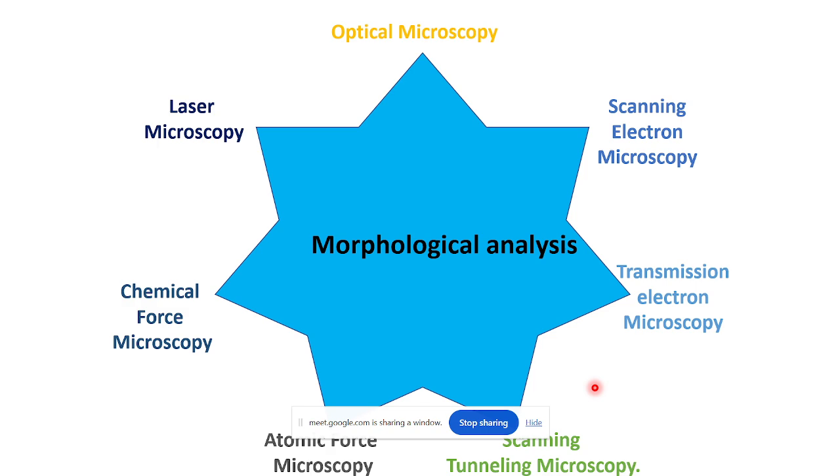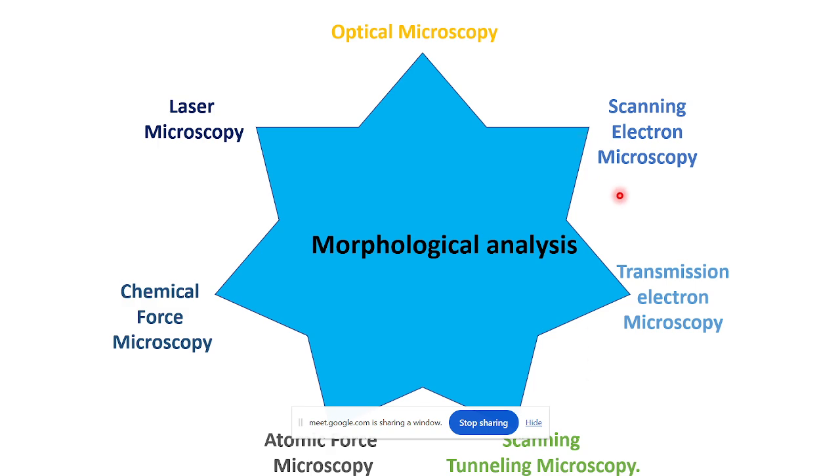From that, if there is aggregation, it will be visible in your SEM image, and then you have to reprocess it, because if the dispersion or distribution is not homogeneous, obviously the material property will not be homogeneous, so that will create a problem. So to know that, you have to do the SEM analysis. From there you can directly see whether the dispersion is efficient or not.